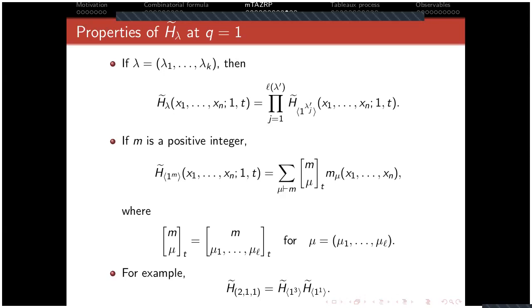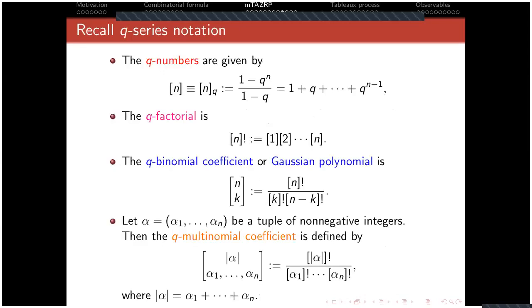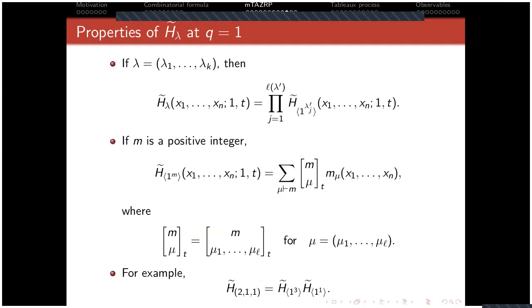And if you have just a bunch of ones, you can write it as a sum of monomial symmetric functions with a coefficient which is the T multinomial coefficient, the same thing as before with Q replaced by T. For example, if I take 2, 1, 1, my running example, then it factors into H tilde of Q.